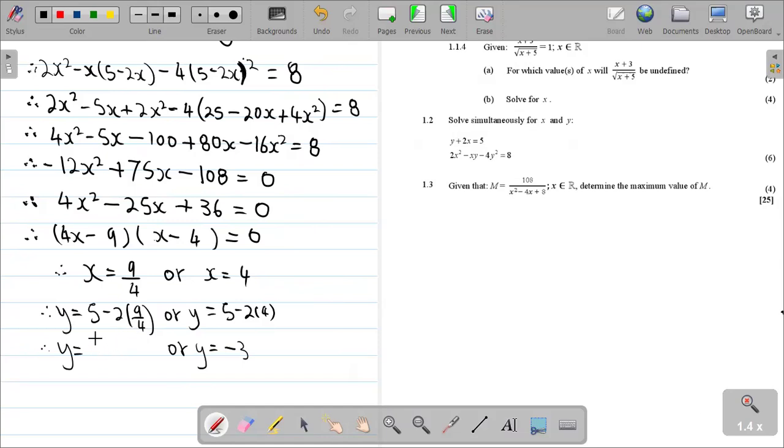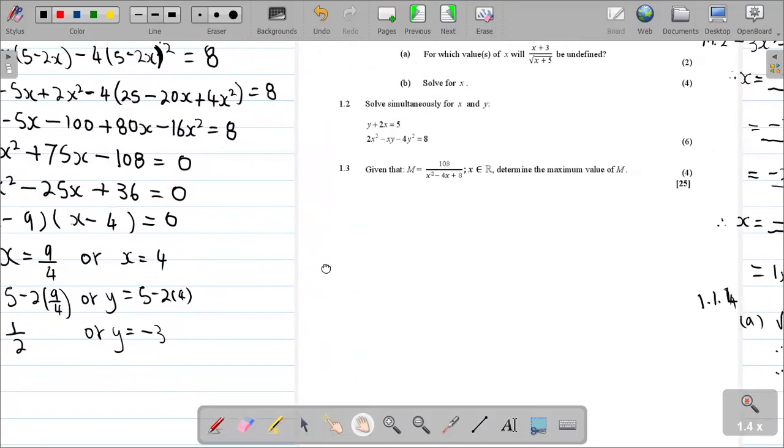Here it's going to be 1/2. So these are your values for x and for y. So that is the simultaneous equation there. I'm sorry about the factorization. It was a bit tricky, but we found it.